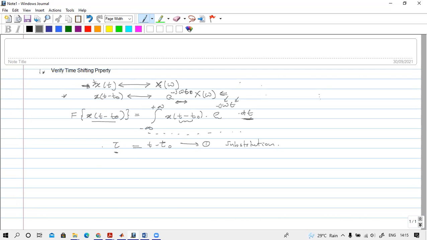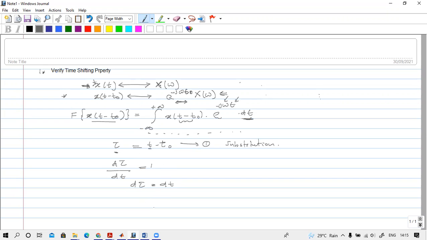So I differentiate tau equal to t minus t naught with respect to t. I will get d tau by dt equal to 1, and t naught is a constant, so its differentiation gives 0. So d tau by dt is equal to 1, so d tau is equal to dt.